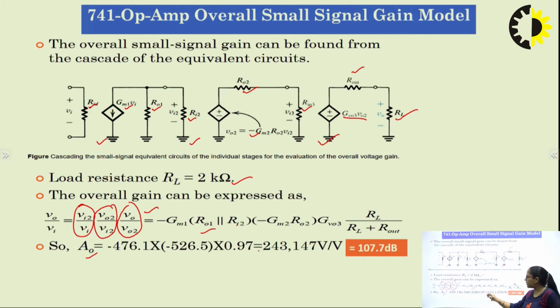This is the practical value of gain of op-amp IC 741, which is 243147, and infinite ideally. When we convert this value in dB, we get the open loop gain of op-amp as 107.7 dB. This is the practical value, the actual value of the gain that we can achieve with the help of op-amp IC 741.